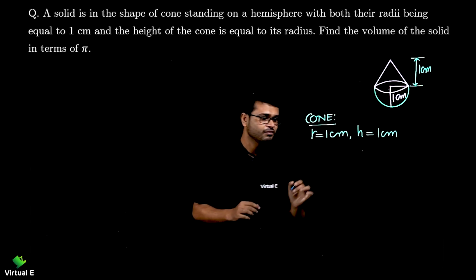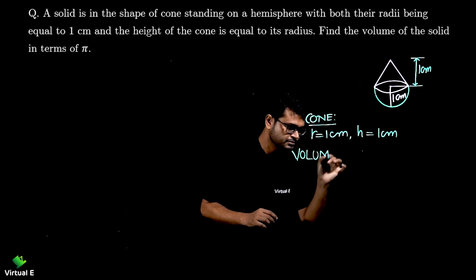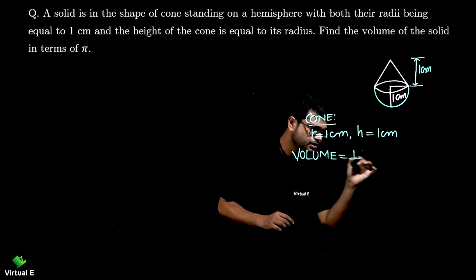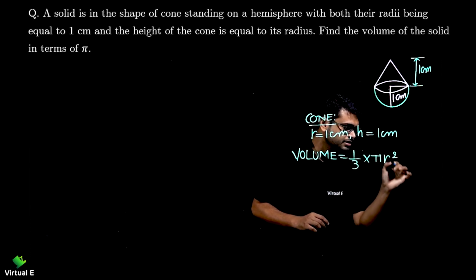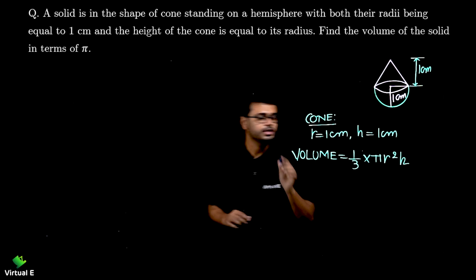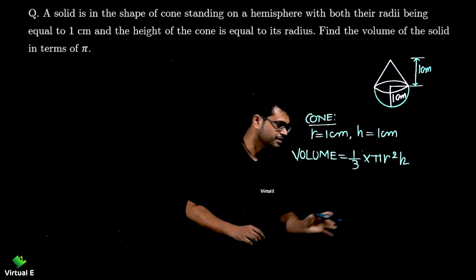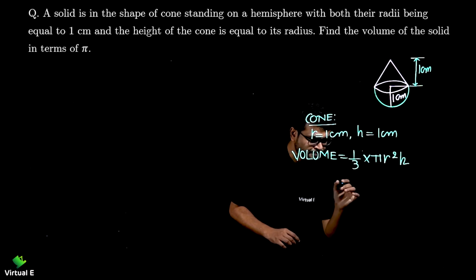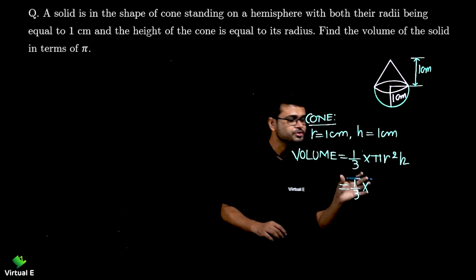Let's use the volume formula. So volume is 1/3 of pi r square h. It is 1/3 of this cylinder. Remember, 1/3 volume of cylinder. So let's substitute the values. 1/3. Will I substitute 22/7?